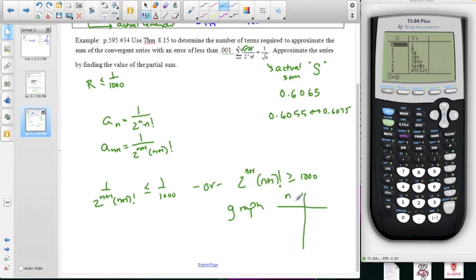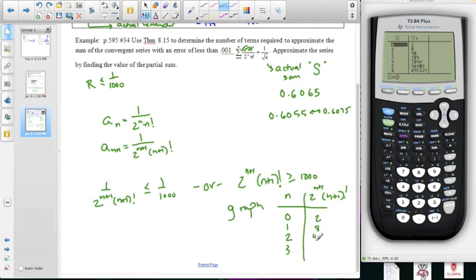when n equals 0, 2 to the n plus 1 times n plus 1 factorial equals 2. And so we're looking for when we bust 1,000, right? When we get over 1,000. N equals 1, so that's 4 times 2, 8, right?